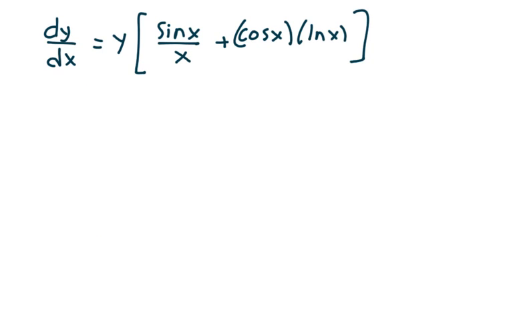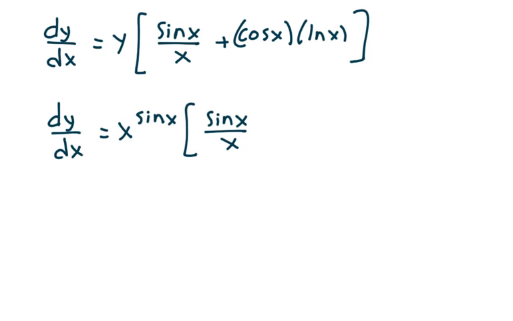And then I'm going to replace y with x to the sine x. So dy/dx is x to the sine x times sine x over x plus cosine x times natural log of x. And that's 51.